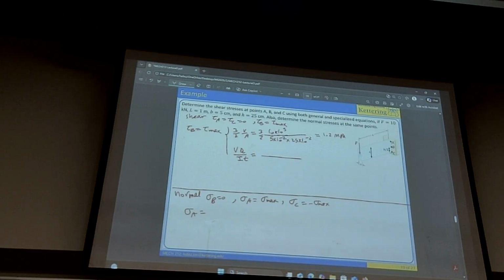Now, V as before is 10. For I, we're bending about this axis. For sigma, I need to do the instruction. Put the coordinate system at the centroid of interest, which would be like this.